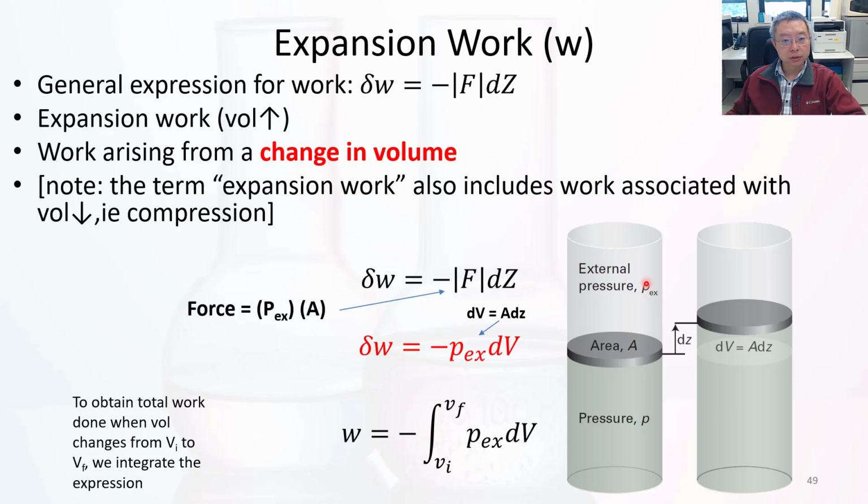So we're always using the external pressure. Here is the derivative form: delta W equals minus F dz, where F is the force against the external force. Because it's an external force, it needs to be related to the external pressure.